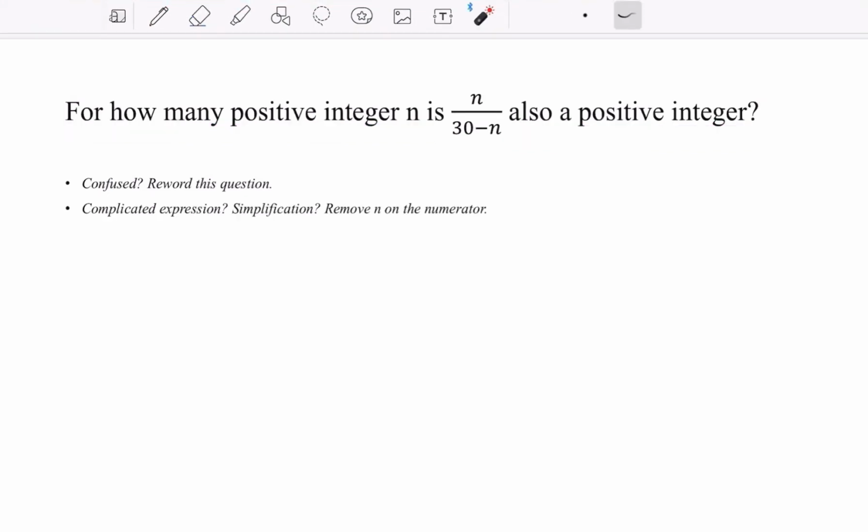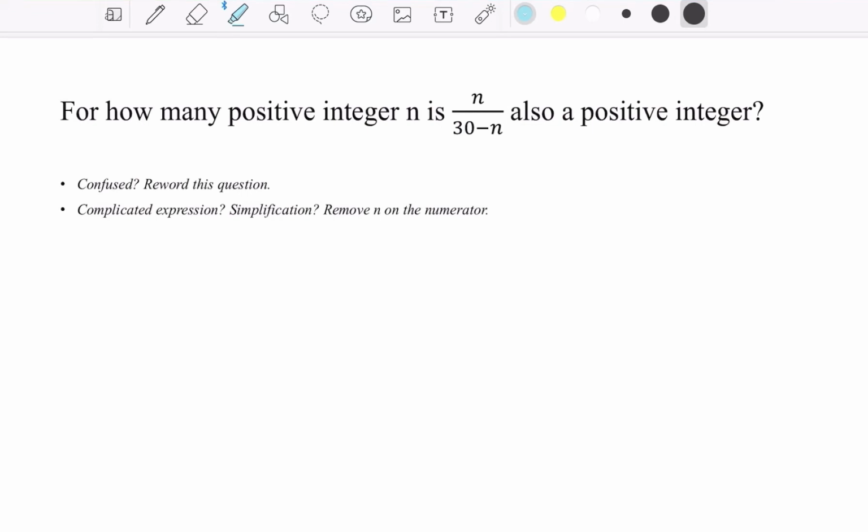After we have looked at the question, we should focus more on the expression n over 30 minus n. The first step that may come to mind would be simplifying it, because as you can see, in this expression, n is not only on the denominator, but it's also on the numerator. If we can simplify the form into the variable that appears only on the denominator or the numerator, then it would be more convenient for us to find out the values.